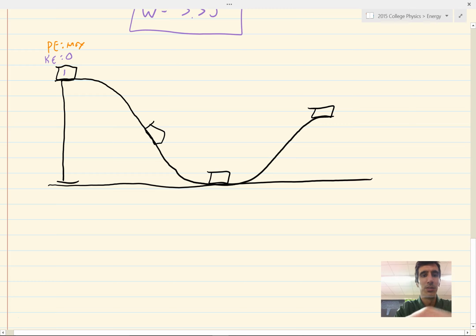Now what happens at scenario 2, when it's moving down the roller coaster, what's going to happen to the potential and kinetic energy? Well, the potential energy is getting closer and closer to the ground, the car is, so the potential energy goes down.